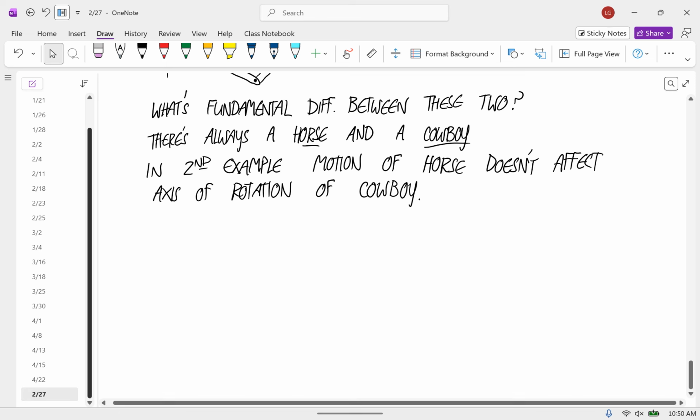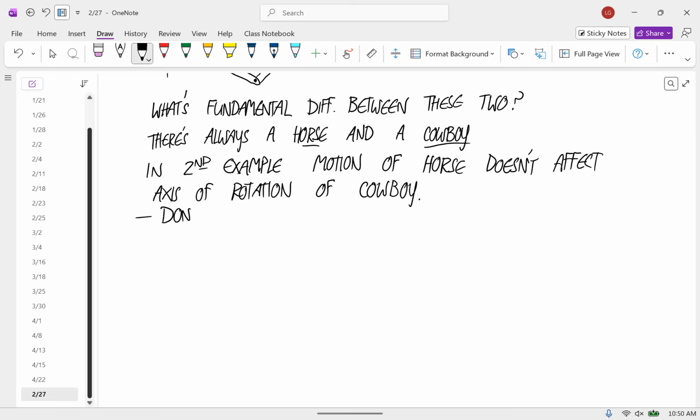And so in this case, we don't need to use a rotating coordinate system approach.